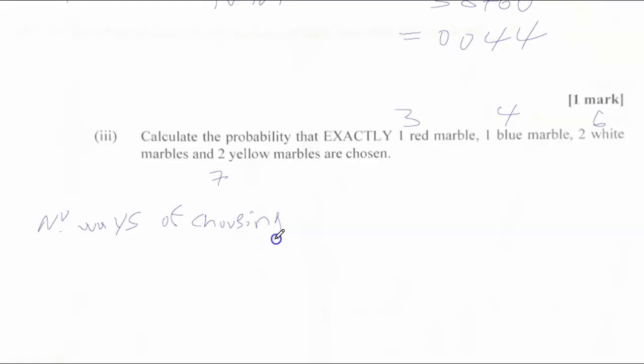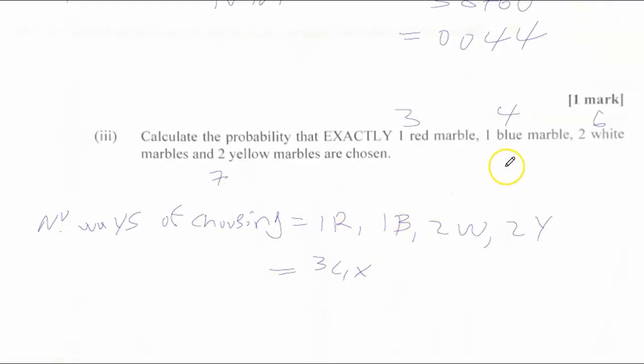So the number of ways of choosing 1 red, 1 blue, 2 white, 2 yellow is, so we have 3 red, so it's 3 choose 1. And we multiply since it's and.